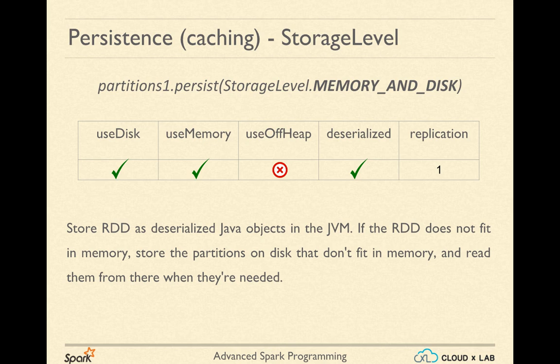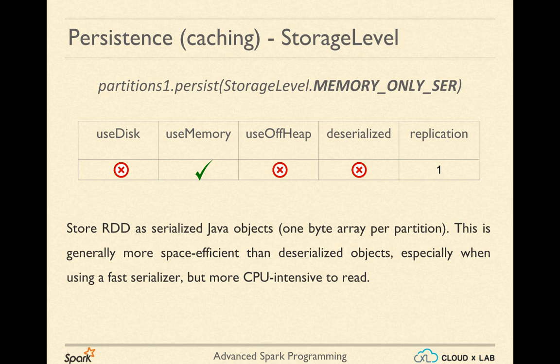It stores RDD as deserialized Java objects in the JVM. If the RDD does not fit into the memory, it stores the partitions on the disk that don't fit into the memory and reads them from the disk whenever they are needed.